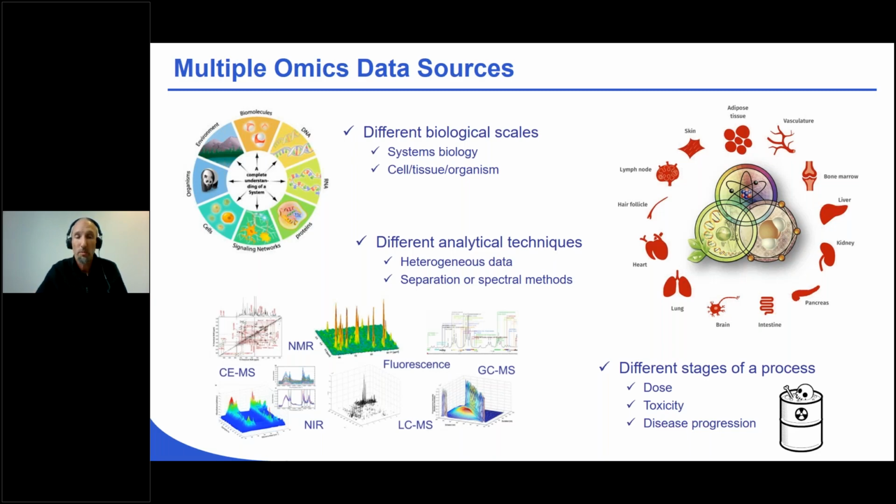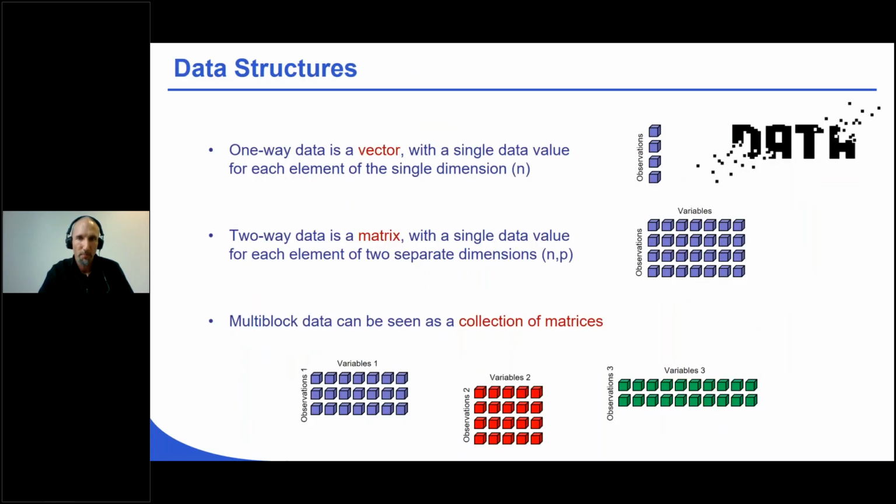Of course, this is the topic of today's webinar, but also other spectral or separation methods. So this is also something that can be done with the tools I would like to show, to go more into an integrative understanding of the systems that you're trying to describe.